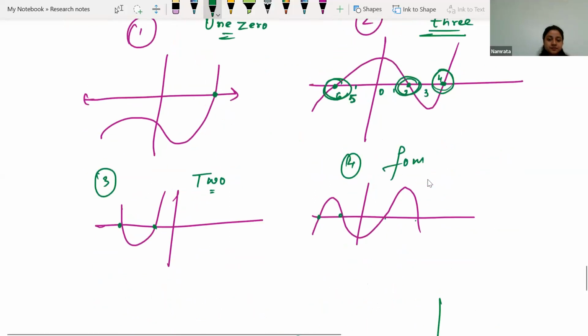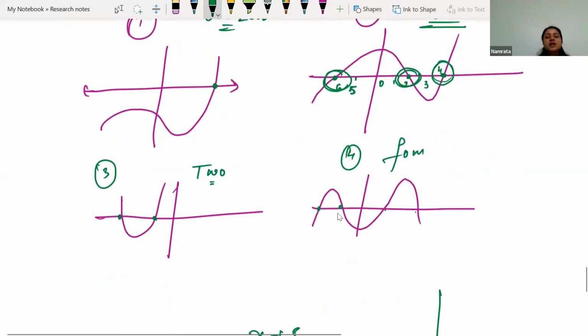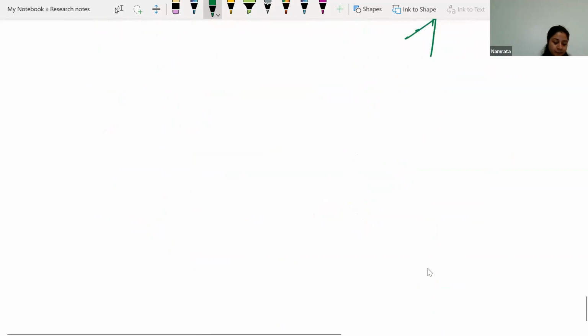Graph number 4 has 4 zeros, that means the highest power in that polynomial has to be 4. That's why we are getting 4 values. All these values can be the same or different, doesn't matter.